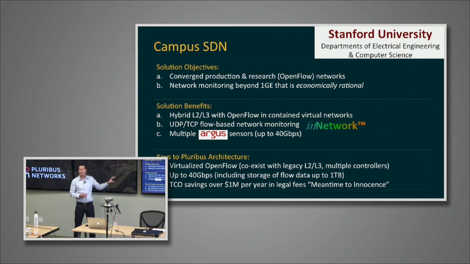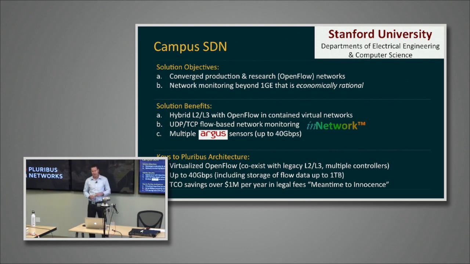But we have platforms which are coming in a few months which can do up to 40 gigabits per second of network monitoring. So as people are going past 1 gigabit per second to 10, 40, and 100, we think this is a rational economical path to actually handle security within the network.